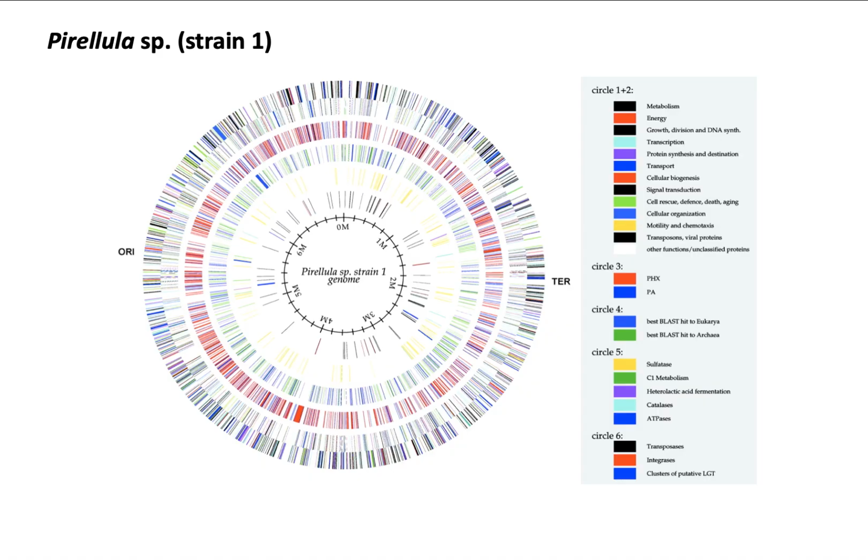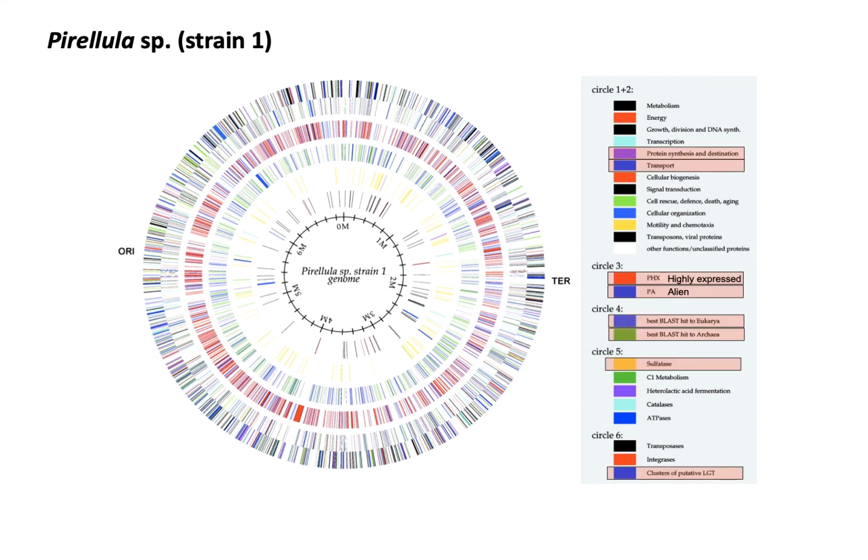This is a diagram of the genome, and the circles represent different gene functions and identification of different elements. The outer two circles are genes on one of the strands of the chromosome versus the other strand of the chromosome, and the functions are shown here.